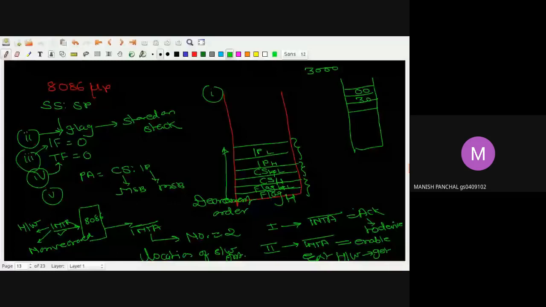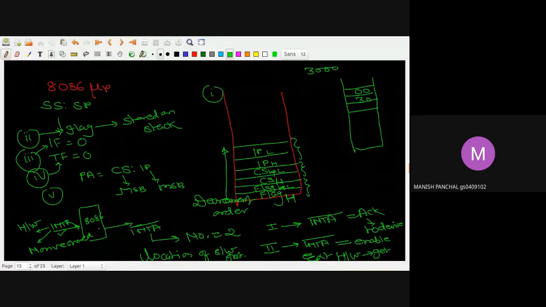In the second case, it will enable that external device, which will generate the software interrupt location for that INTR. So these two important points should be clear to you.